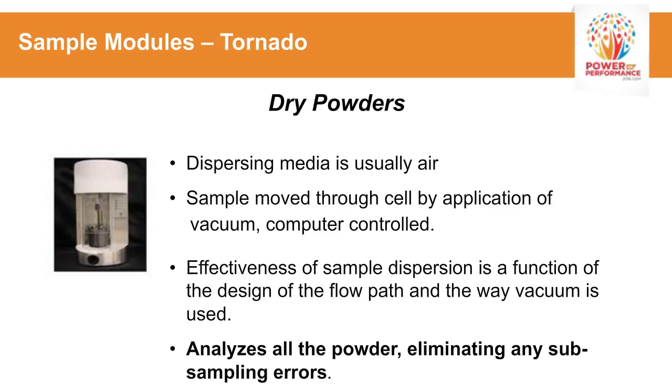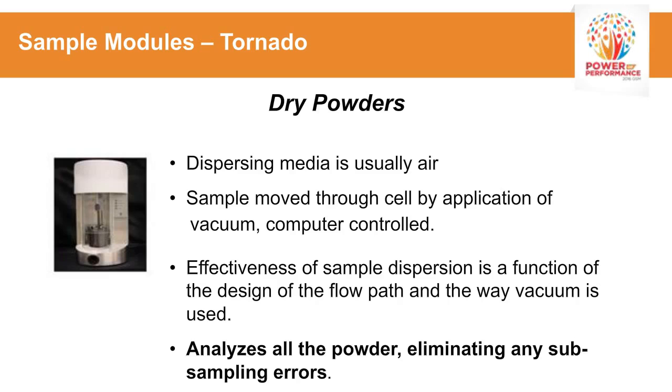But one key thing about this dry powder system is that it analyzes all the powder that you give it. That's what dictates how long the instrument's going to run. So you might add, depending on the distribution, a half a gram to maybe a couple of grams. The bigger the particles are, the more volume of powder you might have to run in a short period of time.